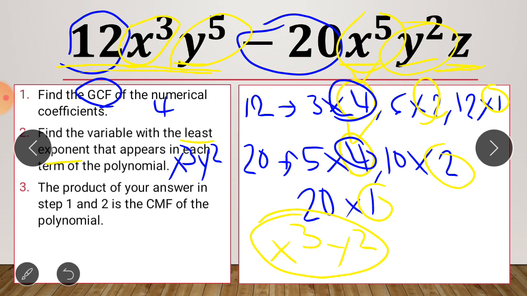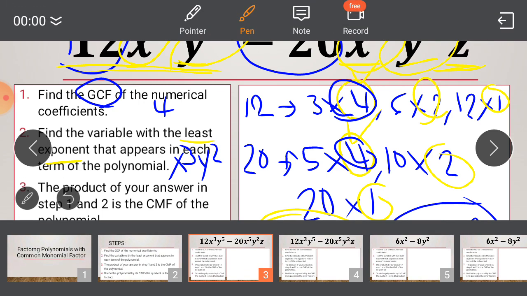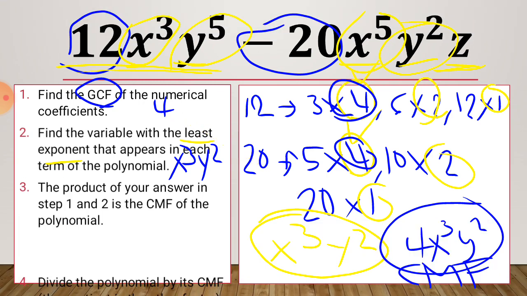So in step number 3, we're going to combine what we got in 1 and 2. So we have 4x cubed y squared. So this is the CMF or the common monomial factor. Okay, so next, we're going to proceed now with the last step.